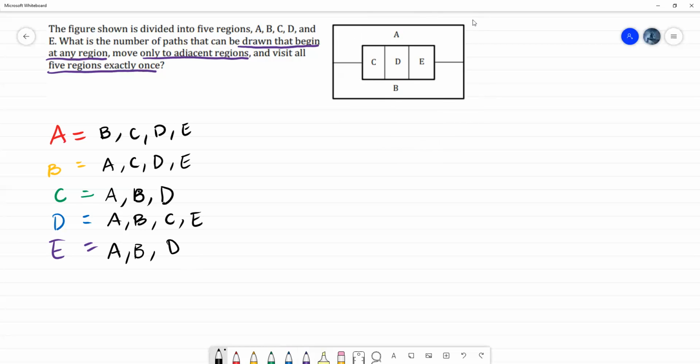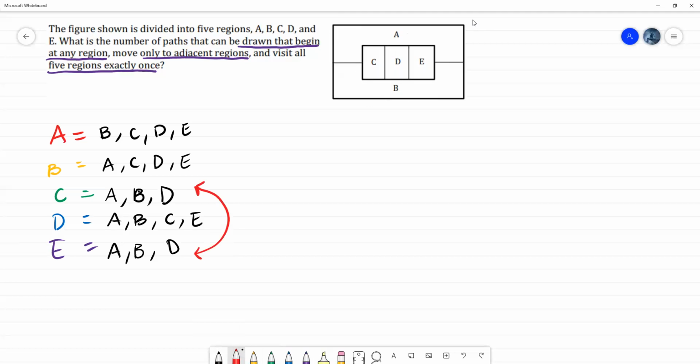If you look closely, you can see that these 2 regions right here never touch each other. If you start at C, you can never go to E directly. You would have to go to another region before going to E. And same applies for E. You would have to go to B and then go to C. There's many ways.